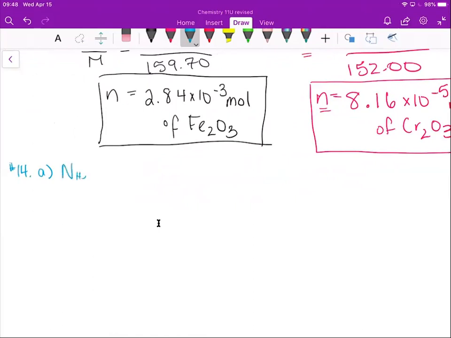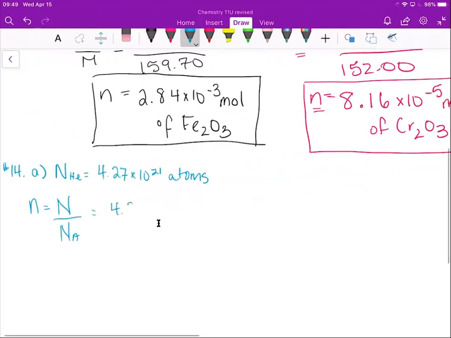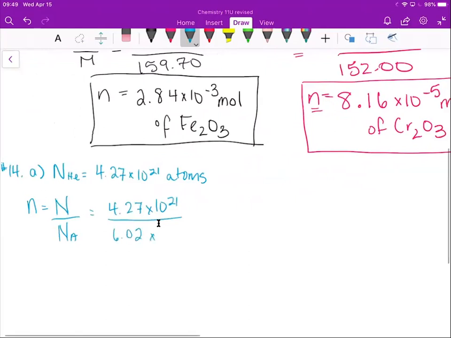So I have the number of helium particles, and I want number of moles, so that's number of things divided by Avogadro's number. And I get 7.09 times 10 to the minus 3 mole.